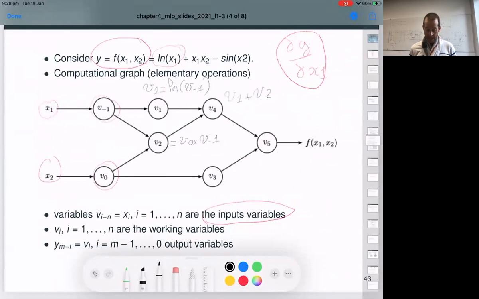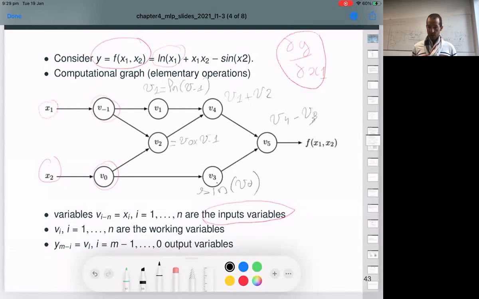And V3 is taking the sine of V0. And V5 is just V4 minus V3. Is that okay?